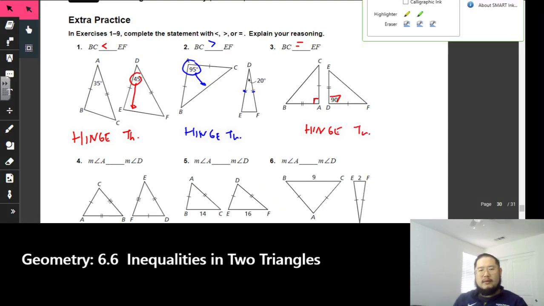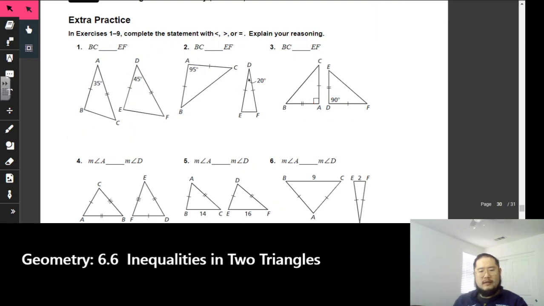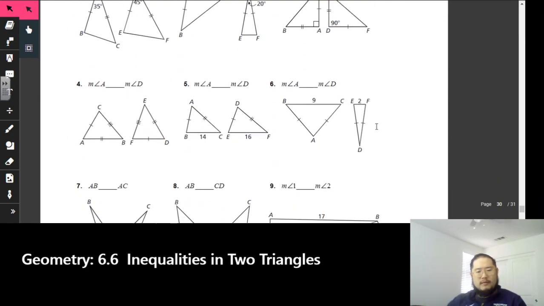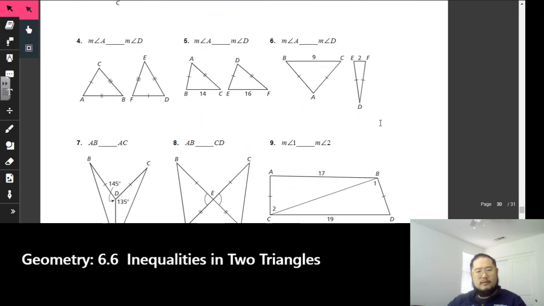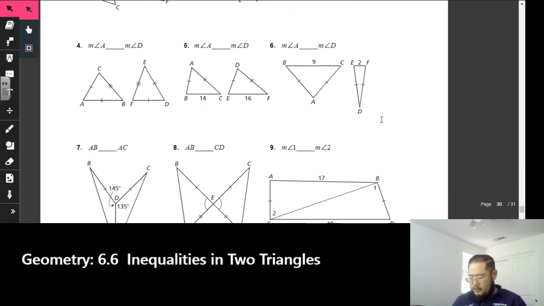We'll move along to number 4. Measure of angle A is something compared to measure of angle D. So let's see right here. If I'm looking at A, I'm looking at D, and I see right here these two sides are congruent.